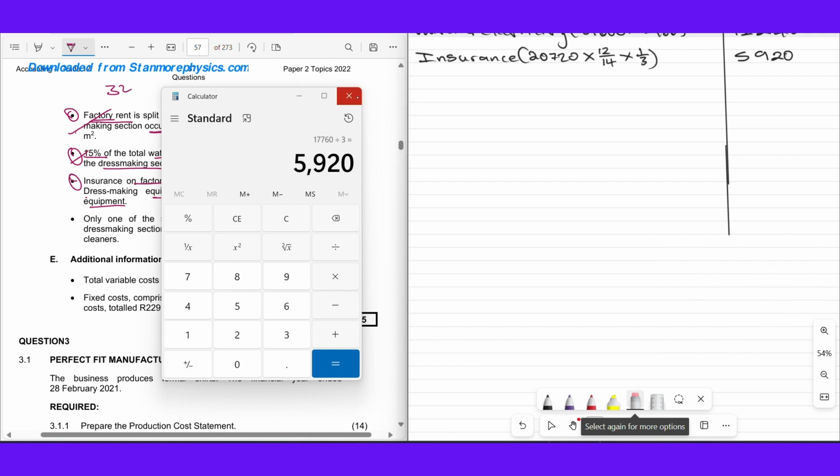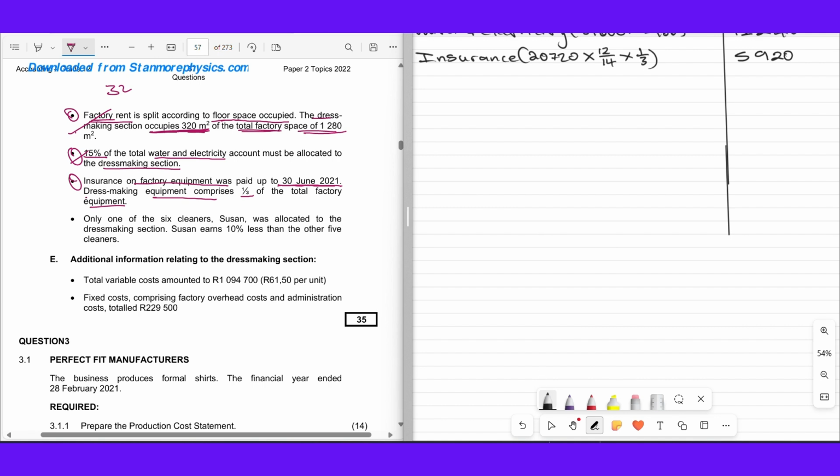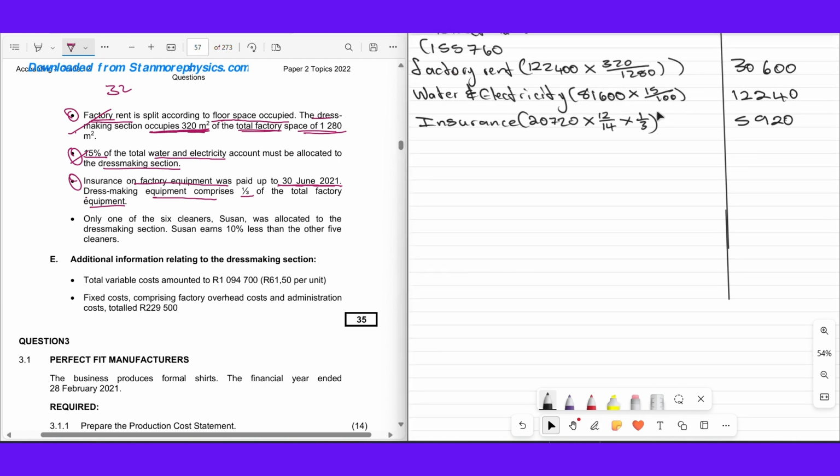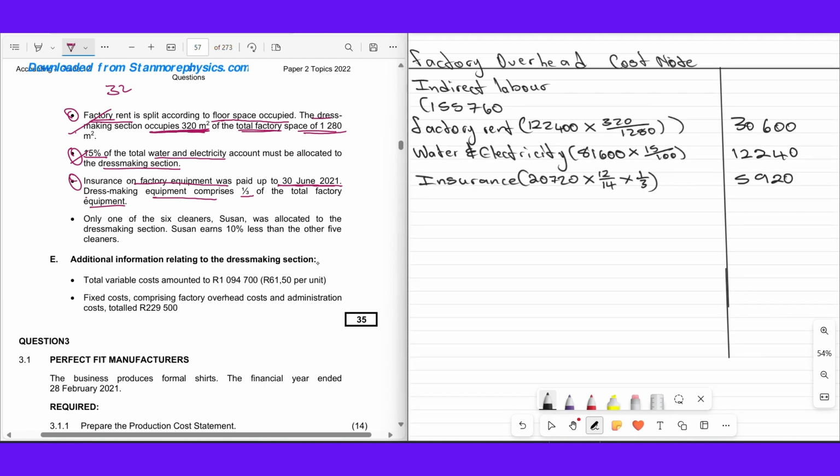So now we move to the other transaction. Let's see what they are saying. The fourth bullet: only one of the 6 cleaners. We have 6 cleaners, 6 workers.